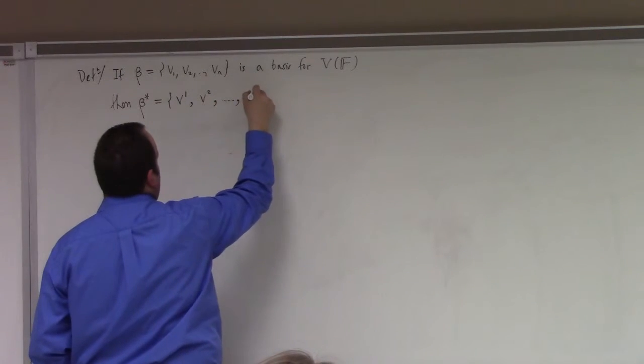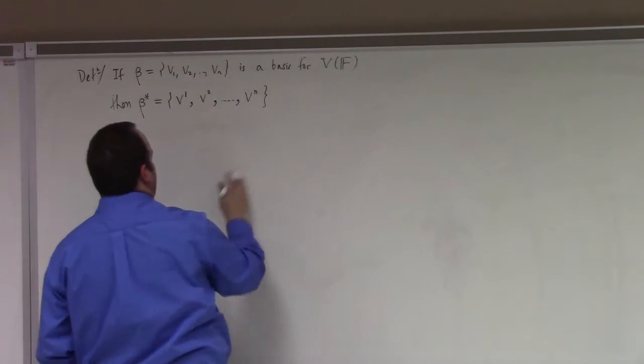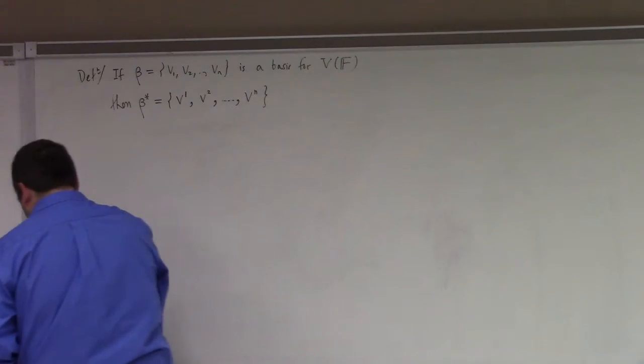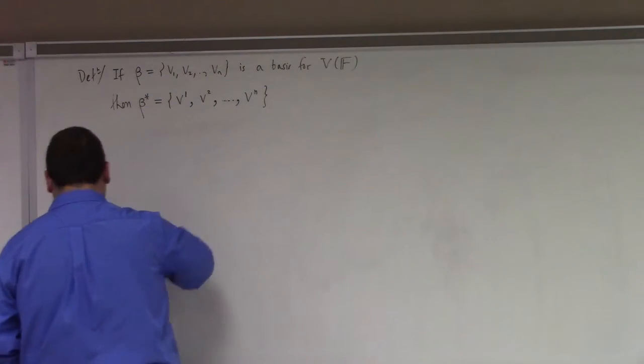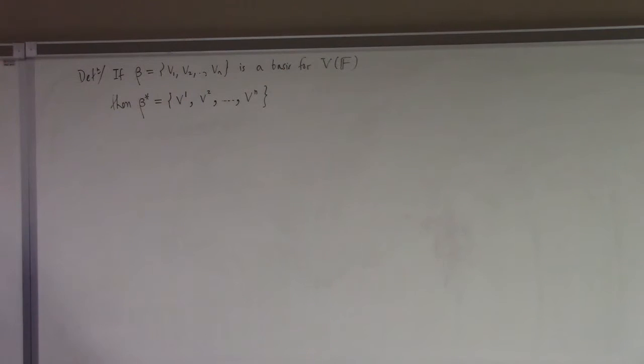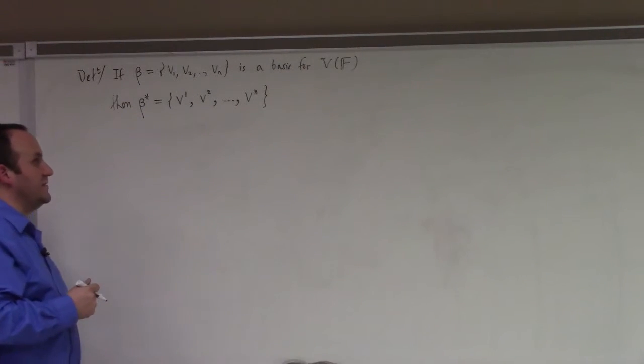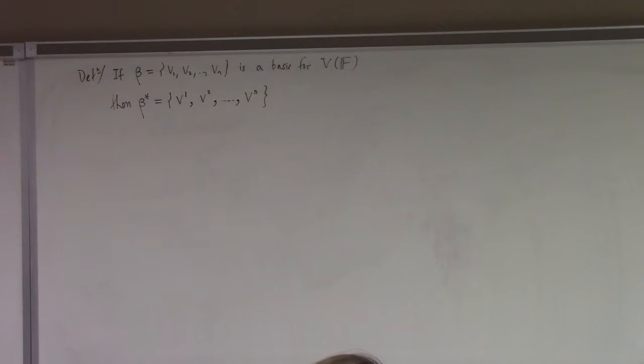It is dangerous. If you don't like it, you can use a different letter with a subindex, but those are not powers. Those are just labels. Sometimes it's useful to use labels which are upstairs rather than downstairs in this part of the material. This is a good place for that. This is the so-called dual basis.